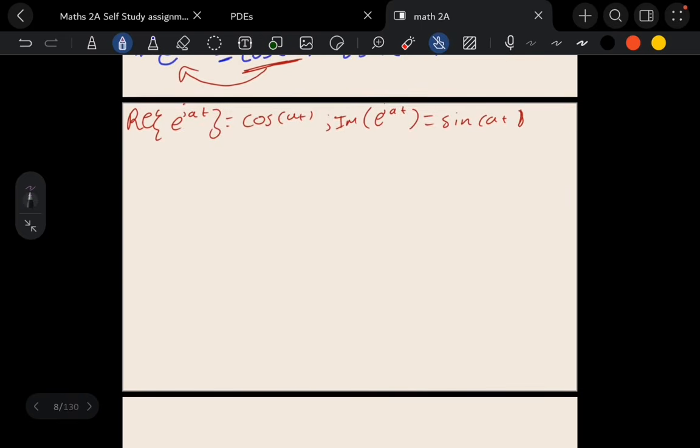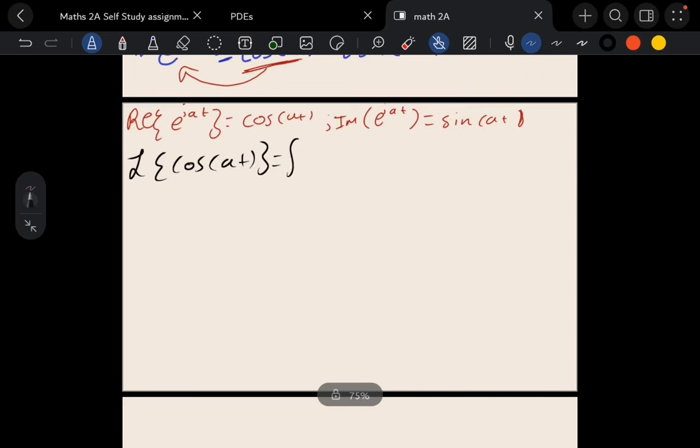So let us find the Laplace transform of cos(at). So it's going to be an integral from 0 to infinity of cos(at) e^(-st) dt.